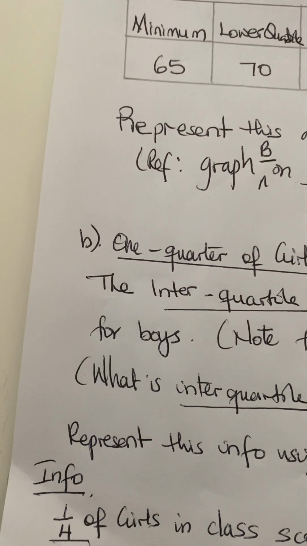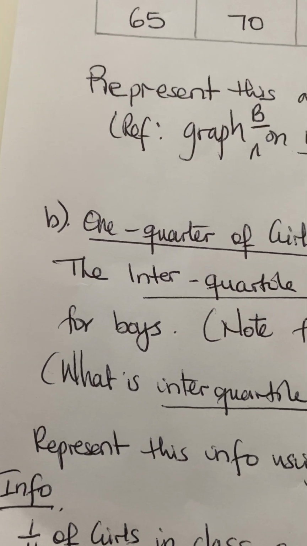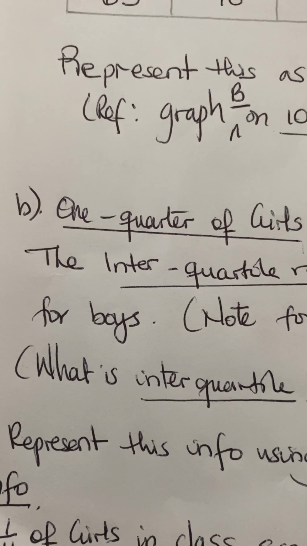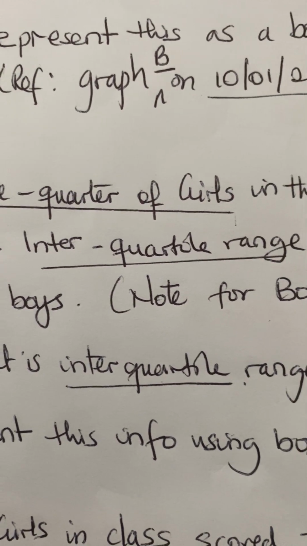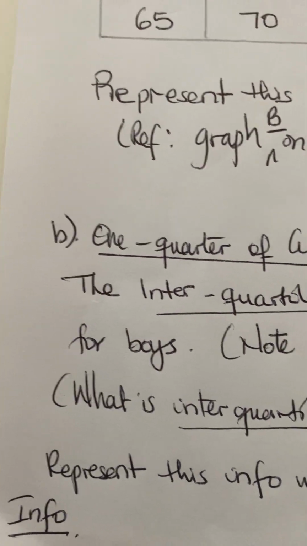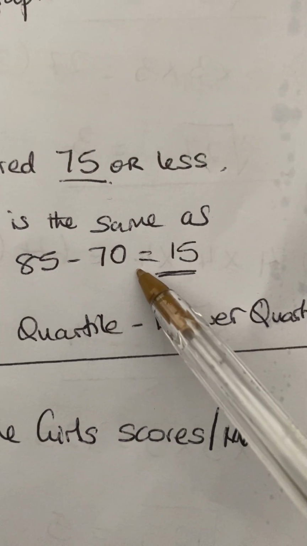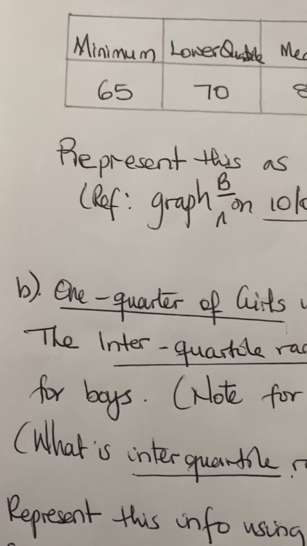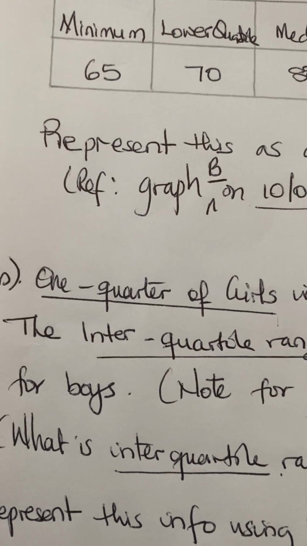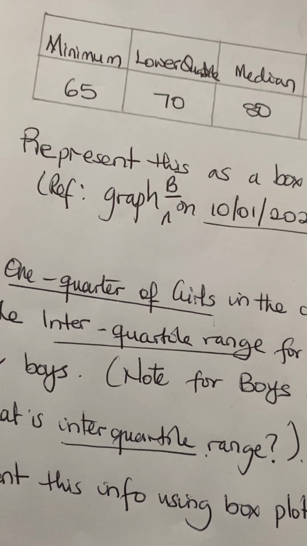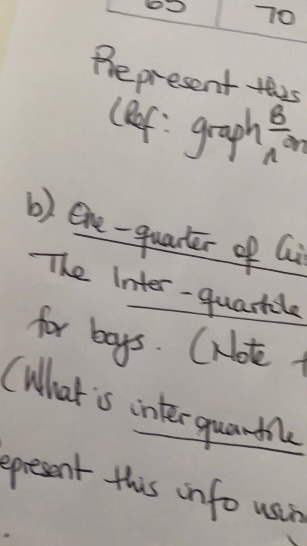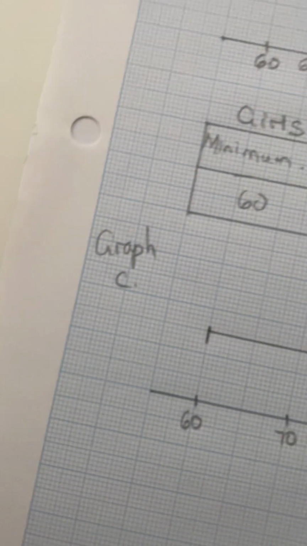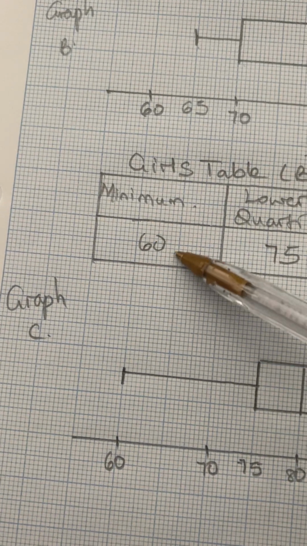Okay, so if the interquartile range for the girls is the same as for the boys, then it means that 85 minus 70, which is 15, because your minimum is 60.